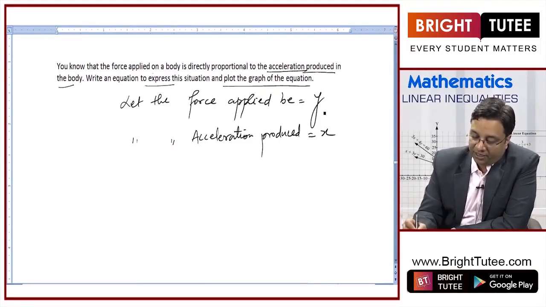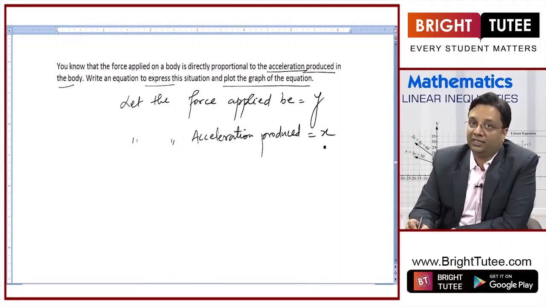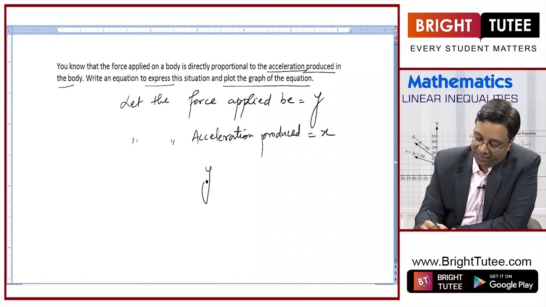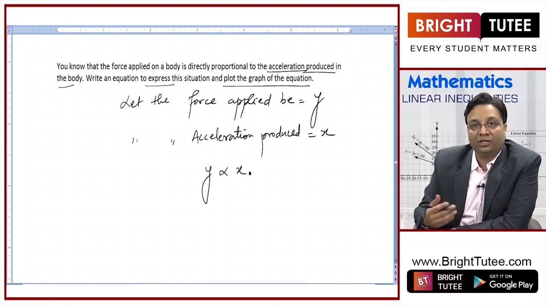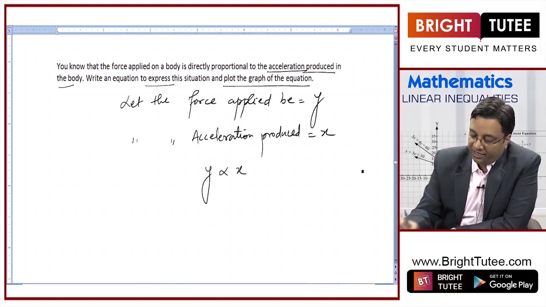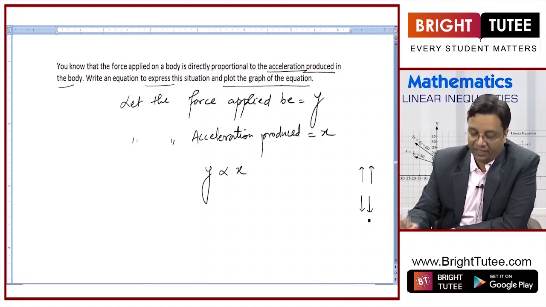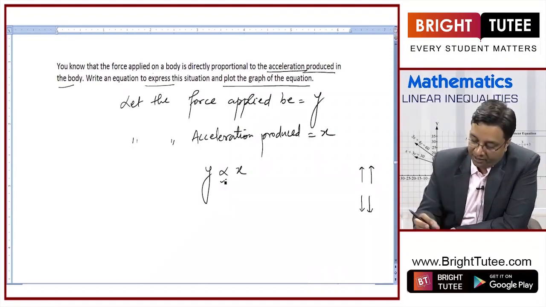Now force applied is directly proportional to the acceleration produced. That means y is directly proportional to x. Directly proportional means that if x increases, y will also increase. If x decreases, y will also decrease. This is the symbol for directly proportional. So y is directly proportional to x.